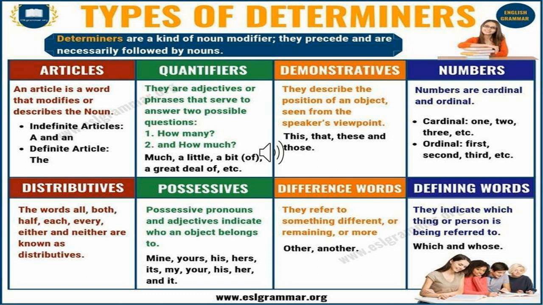The words you can see over here: mine, yours, his, hers, its, my, your, his, her, and its. For example, you must do your work. Here, your is possessive. This car is mine. Mine is possessive.